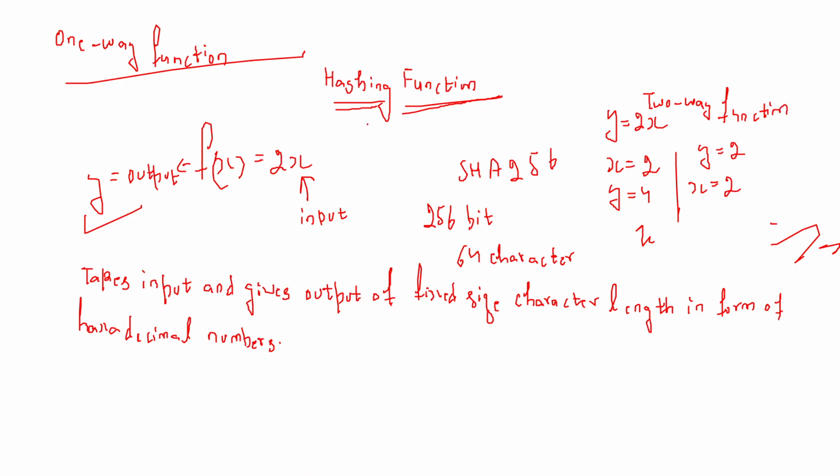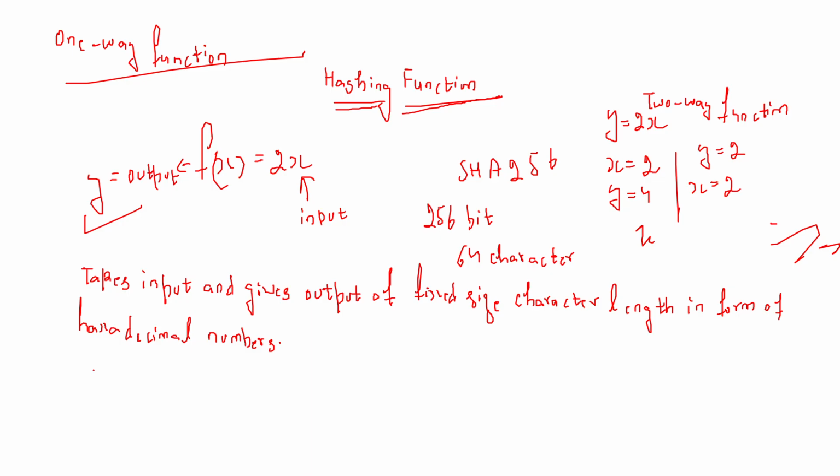But a hashing function, interestingly, is a one-way function. What is the meaning of one-way function? It means that given the input, you can get the corresponding hash value or output, but given an output, you will never be able to get back the input value.